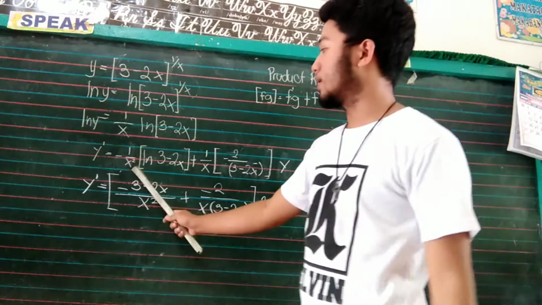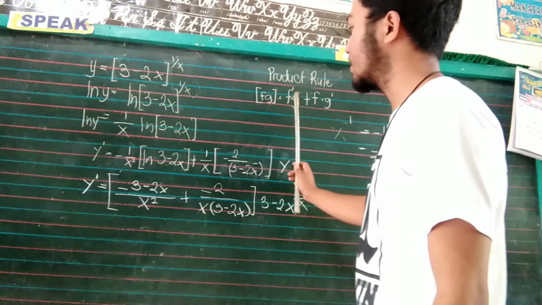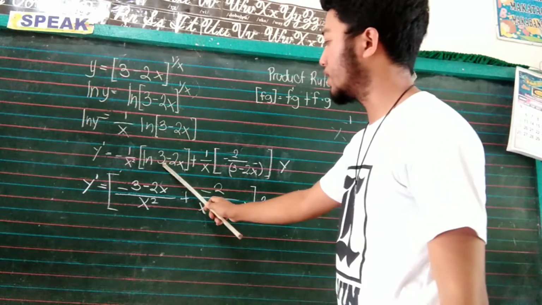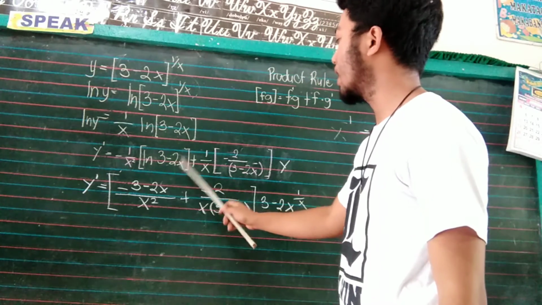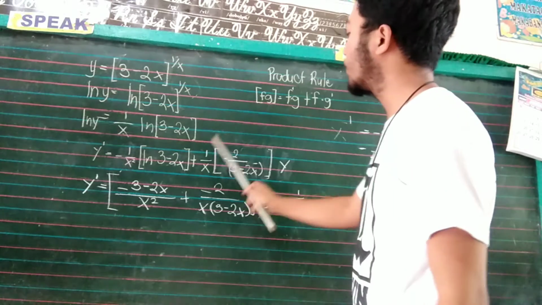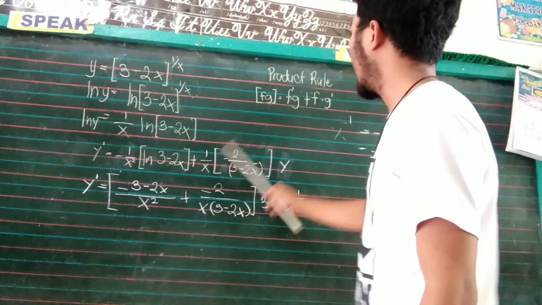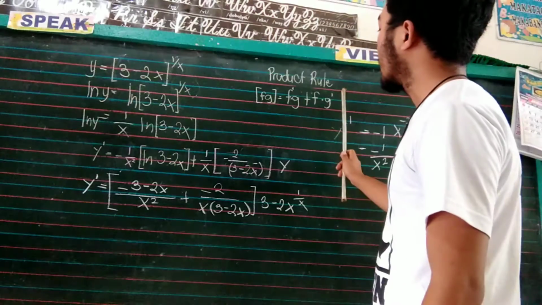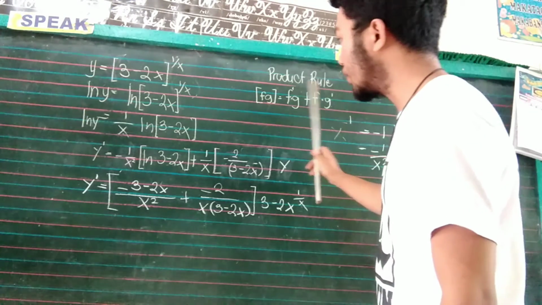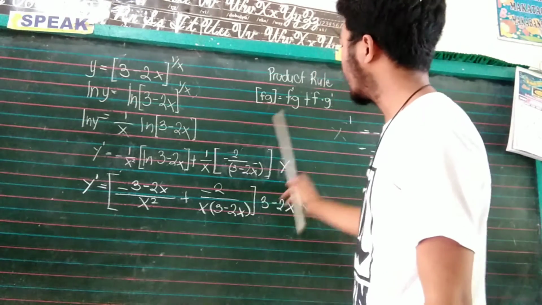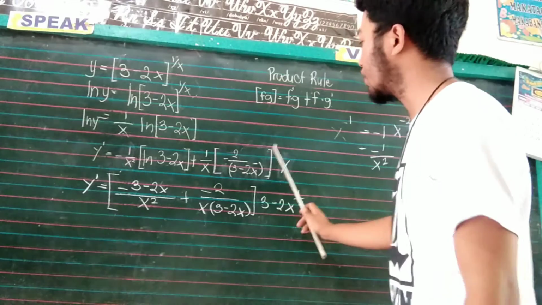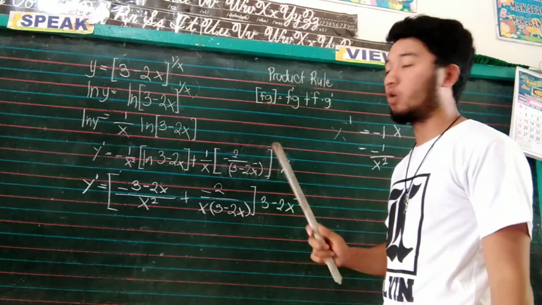So this is it. So the next one is the value of g. So this is the value of g, ln(3 minus 2x), plus the value of f, we have 1 over x, and the derivative of g, g prime. So to get the derivative of the value of g, we need to use the u prime over u.